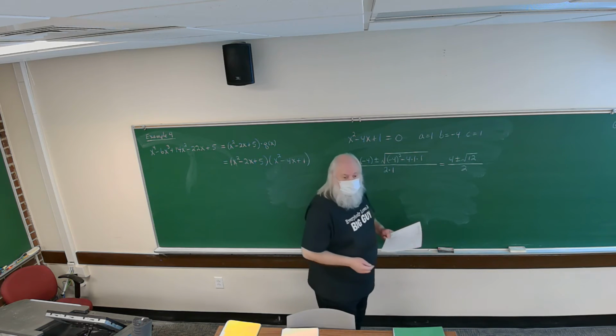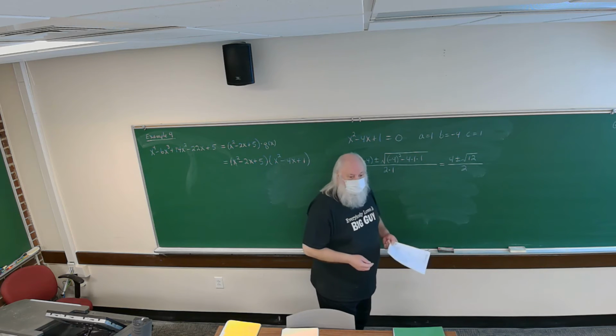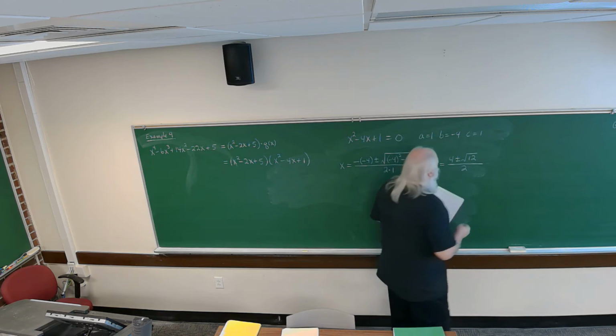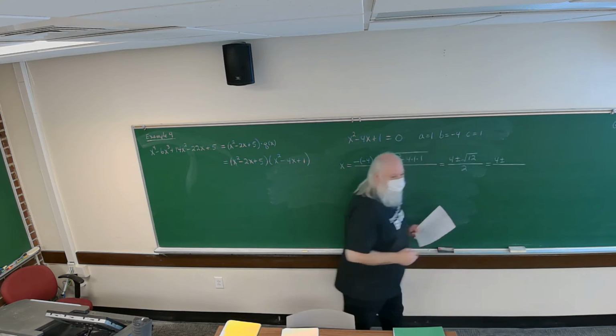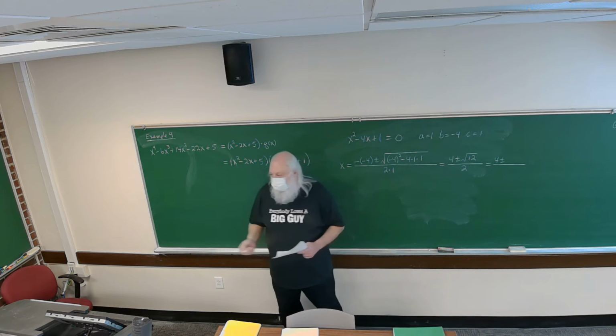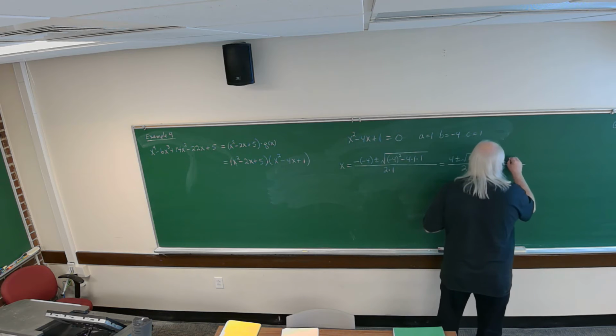Take the 4 out of the 12. Yeah, we're going to reduce the square root of 12. 12 is equal to 4 times 3. Square root of 4 is 2. So square root of 12 reduces to 2 times the square root of 3.